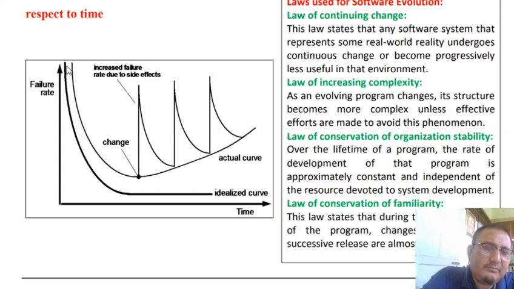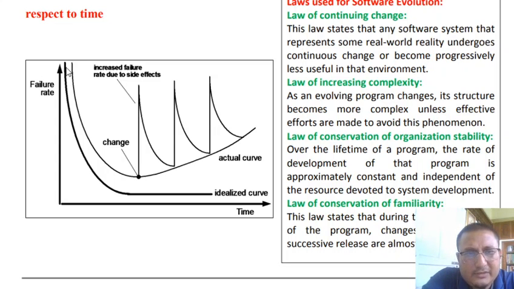A software system may exhibit very high infancy mortality because of various reasons, out of which one reason may be that a software system is not capable of catering to customers' requirement. Very true. If the software system does not meet what the customer wants, then it may exhibit very high infancy mortality rate because the software system may be rejected by the customer. So this may be one of the reasons.